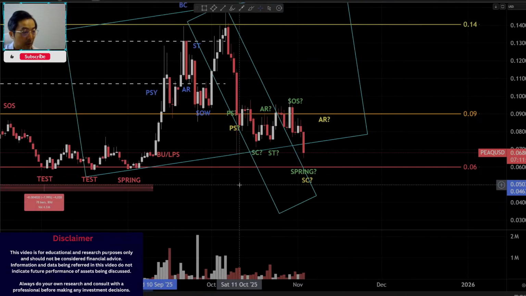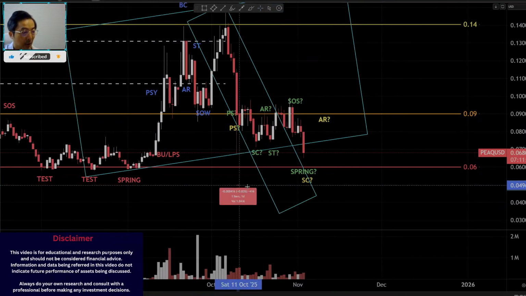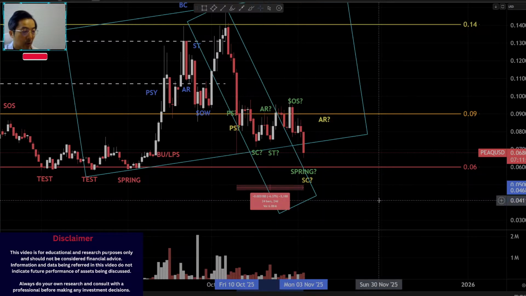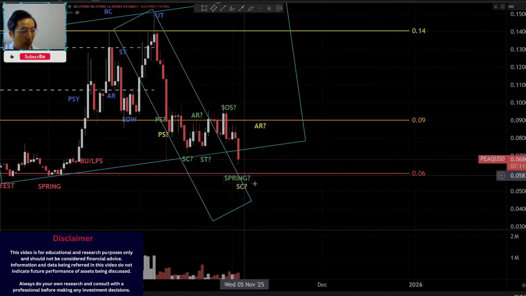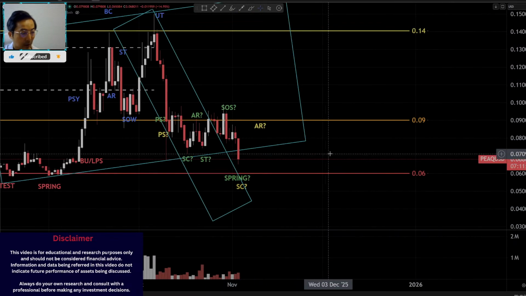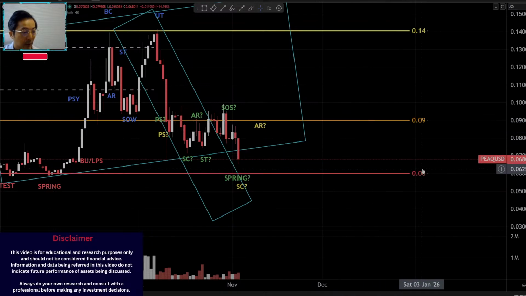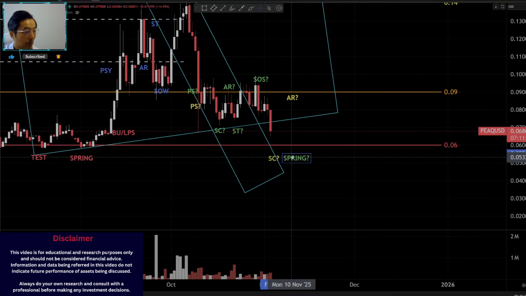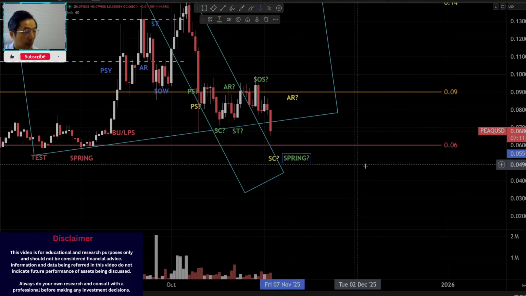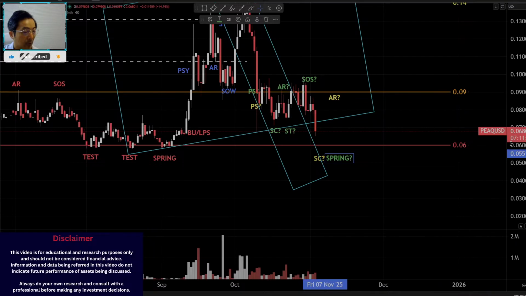If we count from this point, the October 10th, to where we are now, we're less than 1 month in. We're just 24 days into this. So anyway, this can continue between the 6 cents and 9 cents level. But if the price is getting towards a spring, expect it to get lower than the red key level of 6 cents. That's what happened back in August and September as well.